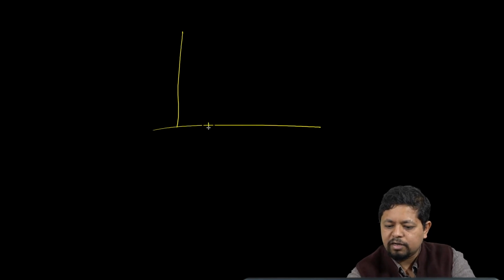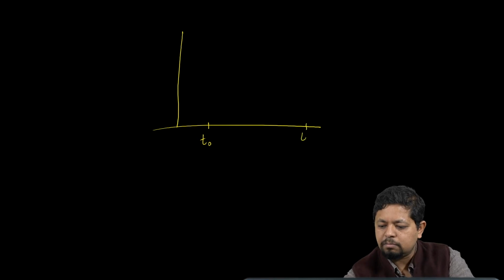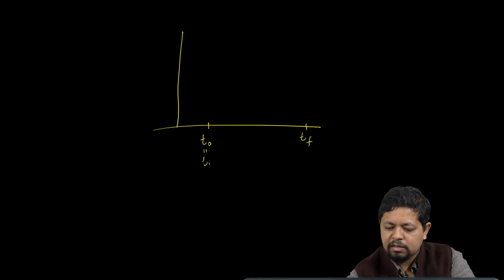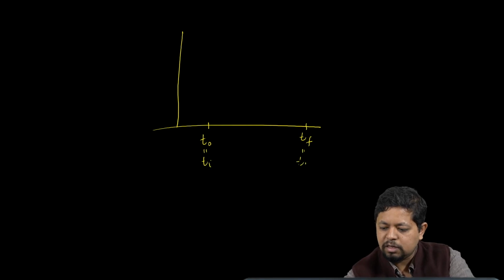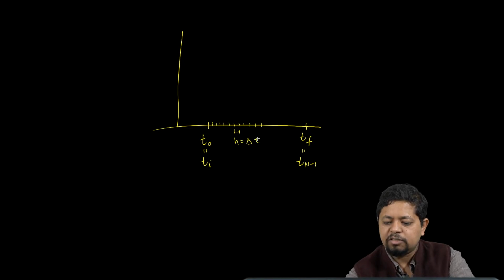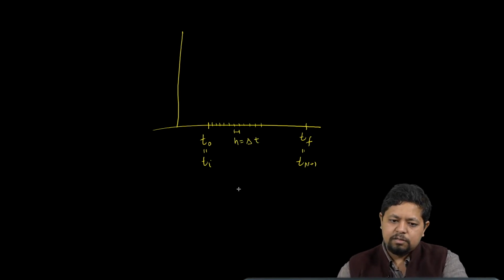Remember that we wanted to find the solution from some time t0 to some time tf, or this was ti and this was tn plus 1, and we divided this time axis into small tiny bits. Each of these was delta t or step size h, and we use Euler's method to do the integration.